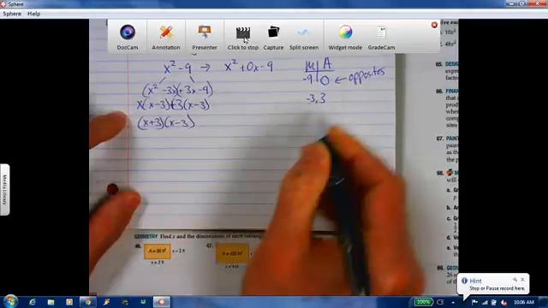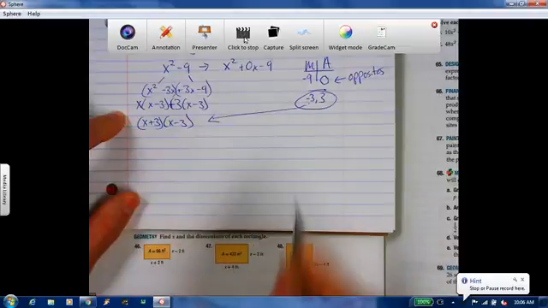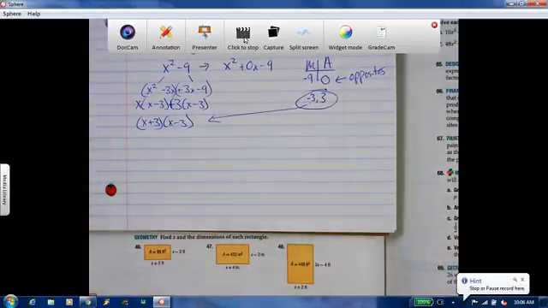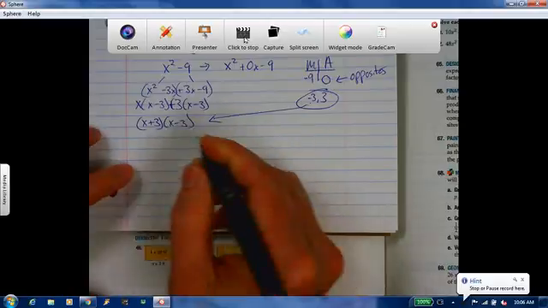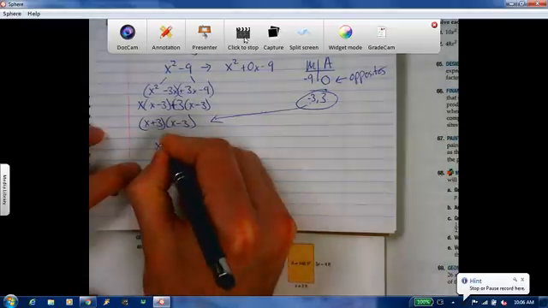Look at the numbers we had there and look at our answer. Do you see a correlation there? So what do you think would be the factors of x squared minus 16?